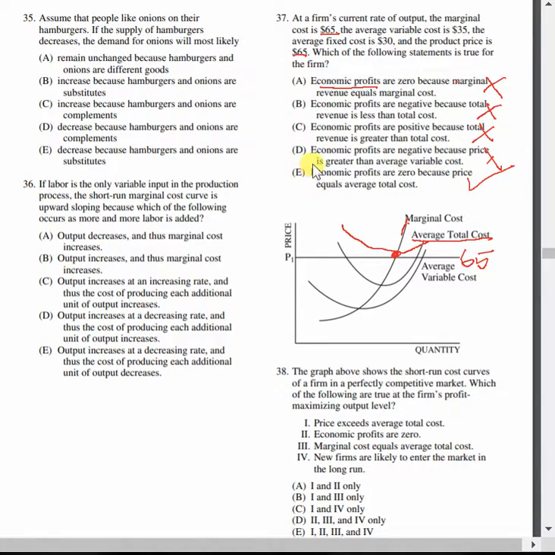All right, number 38, so we finally get to use the chart that was meant for the problem. The graph above shows short-run cost curves of a firm in a perfectly competitive market. So we'd expect that because the price is completely inelastic. That's the thing with perfectly competitive marketplaces. If you've got hundreds and hundreds of competitors out there, nothing you do is really going to affect the market because you could come in or go out.